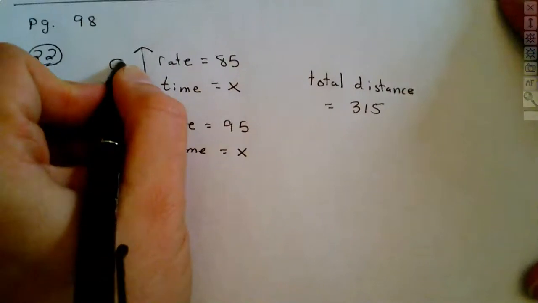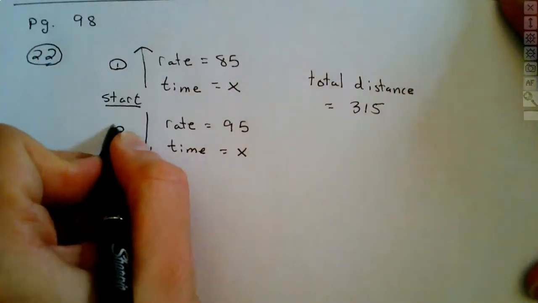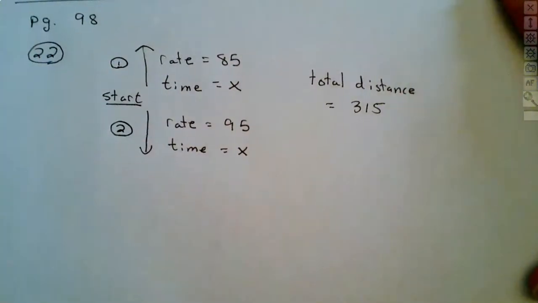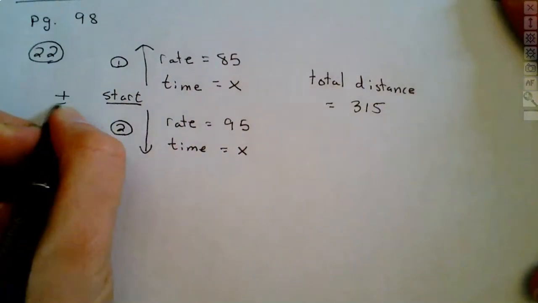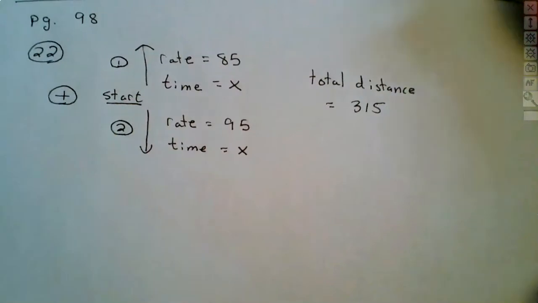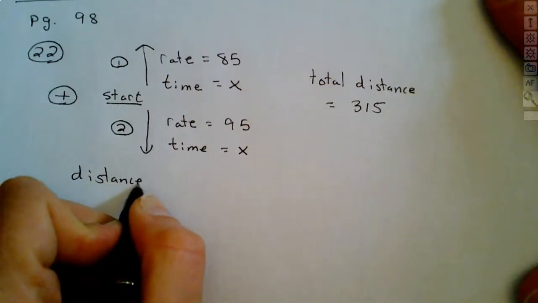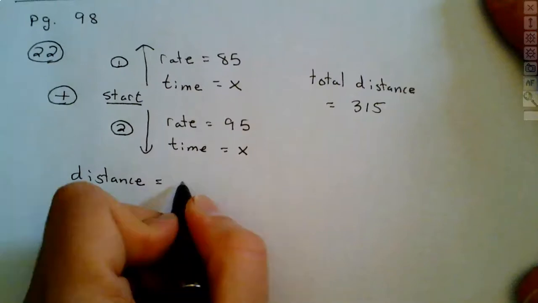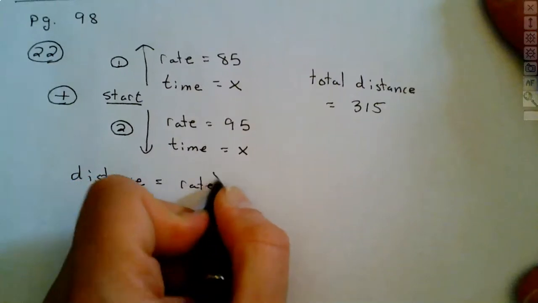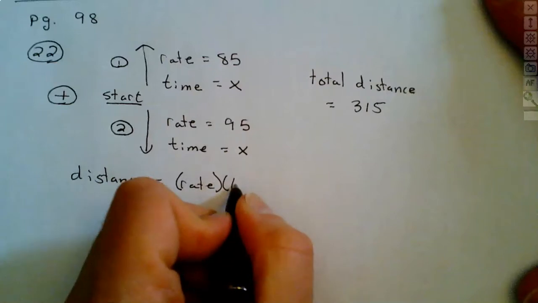And we'll label these as train 1 and train 2. Now, they're going in opposite directions. They do not overlap, so that means this problem is going to be addition. So they're going to add together. Our distance is found by taking the rate of speed times the time.